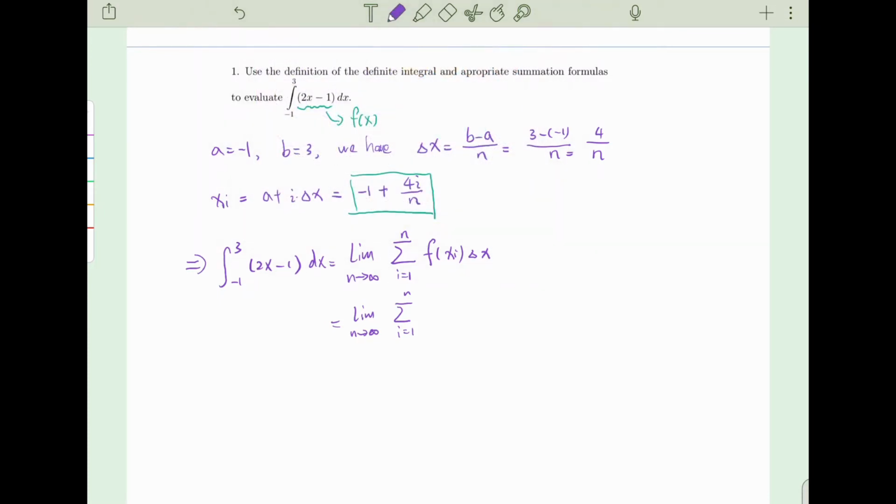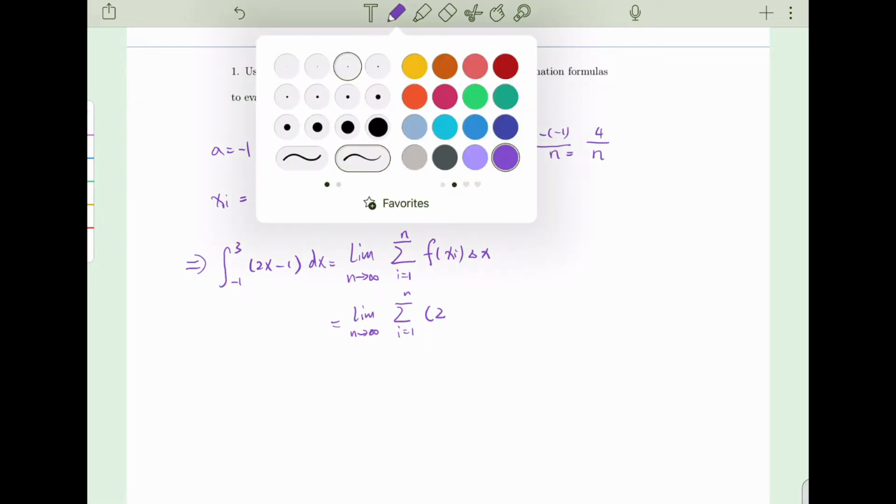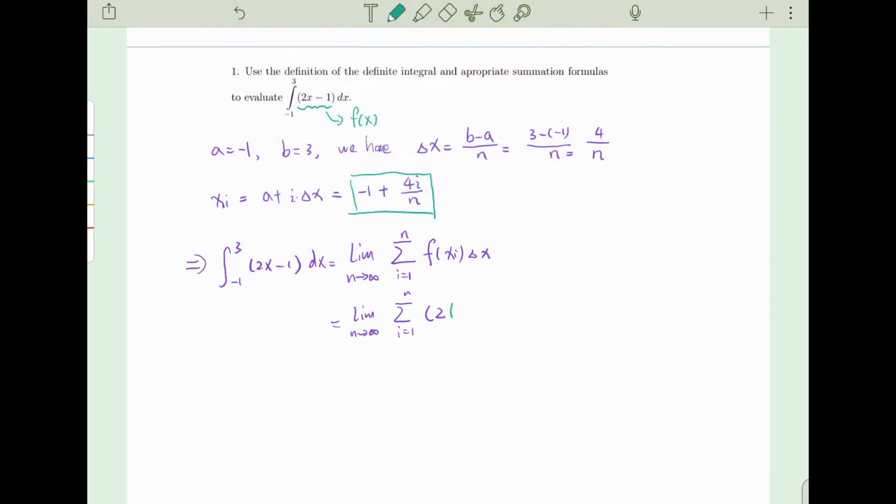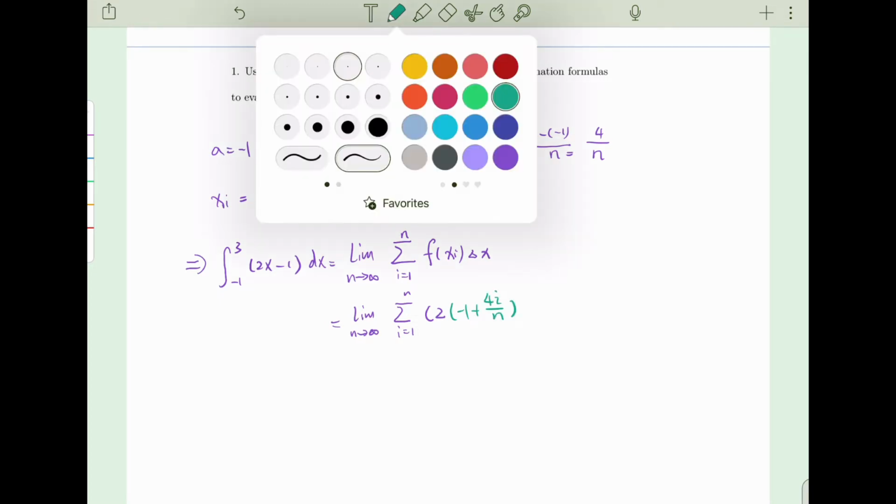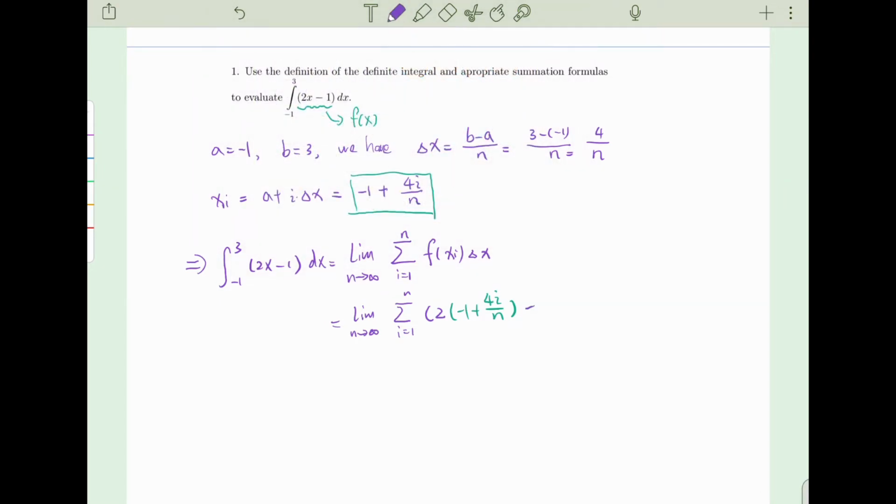So replaced. Now I have 2x, right? 2x, and that x is replaced by the green stuff, which is this -1 plus 4i over n, right? 2x minus 1, so minus 1.